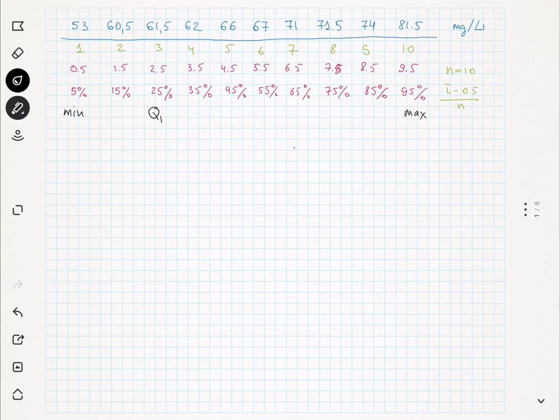It's 61.5. Then 75% is here, so this is our third quartile. It's 71.5. We don't have a second quartile, we have to calculate it. But luckily the second quartile is just in between, so we can calculate it as an average of these two values. So this is the second quartile, and we'll write it down here, 66.5.